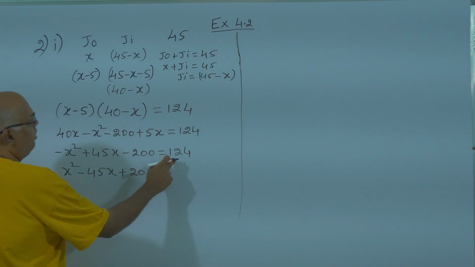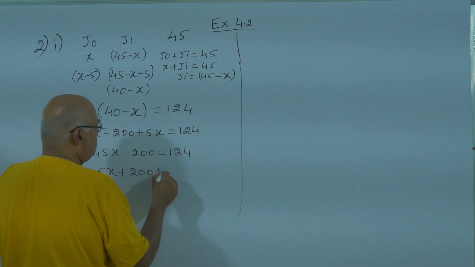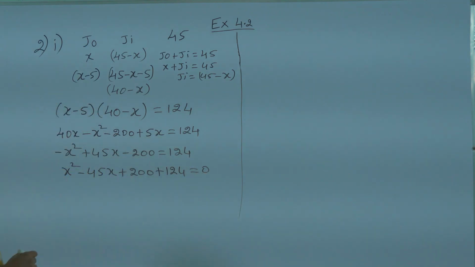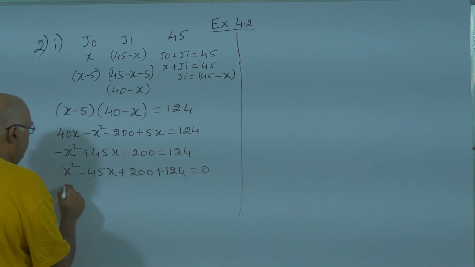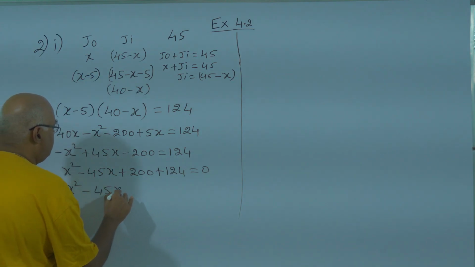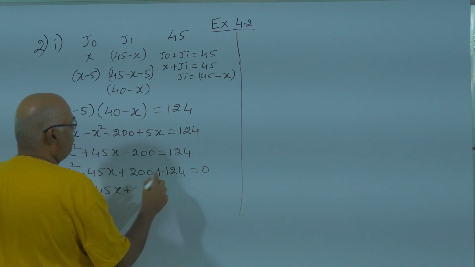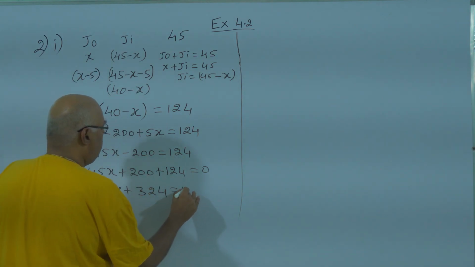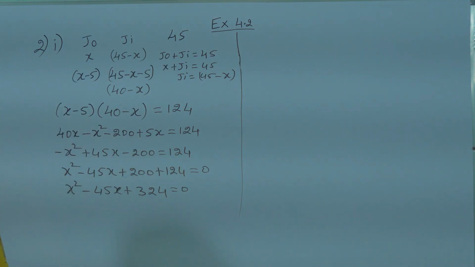So already on the right side we have 124. Plus 124 is equal to 0. Now if you solve this, we will get x square minus 45x plus 200 plus 124, which is nothing but 324, is equal to 0. Now we got a quadratic equation.